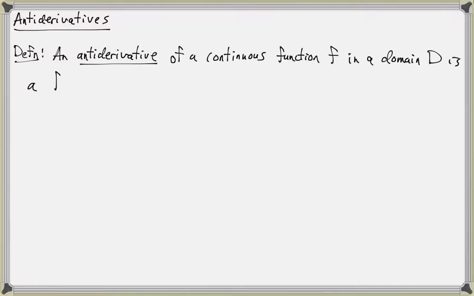An antiderivative of a continuous function f in a domain capital D is another function, and we're going to use capital F to denote the antiderivative, such that the derivative of F at z equals little f of z for all z in the domain.